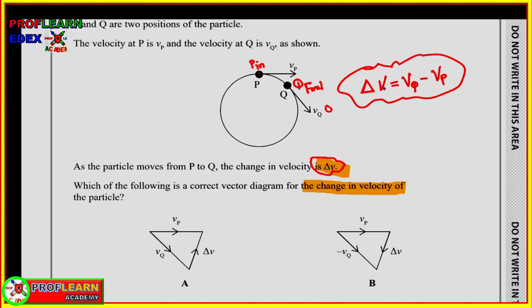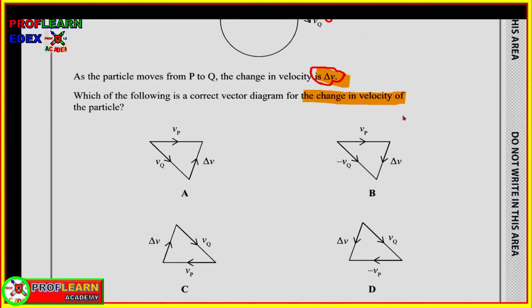So in this case, when we are drawing, we have to check which one is going to display Vp being negative.